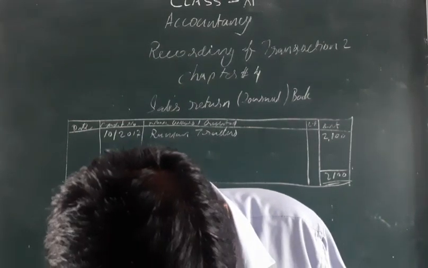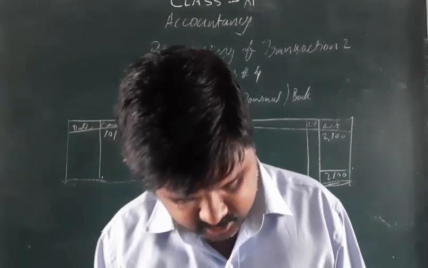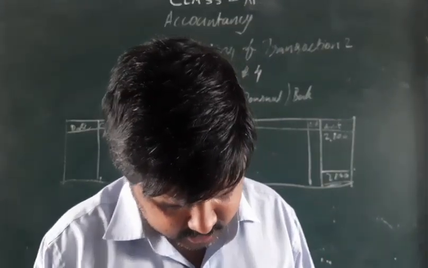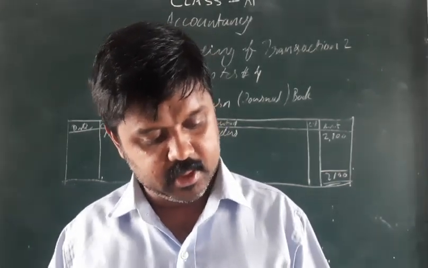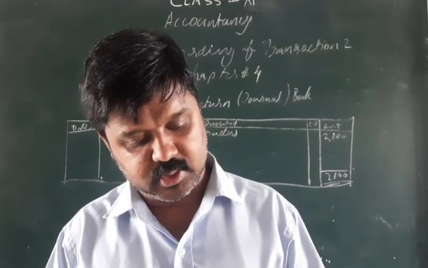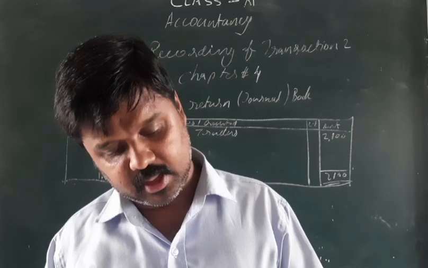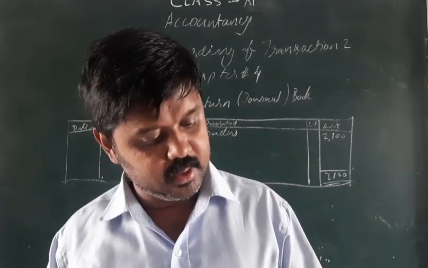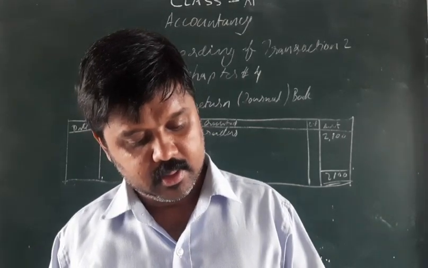And other entries. Sometimes, in addition to the above-mentioned entries in points number 1 to 4, there are many other entries. Like at the time of dishonor of a cheque, entry for cancellation of discount received or discount allowed earlier.